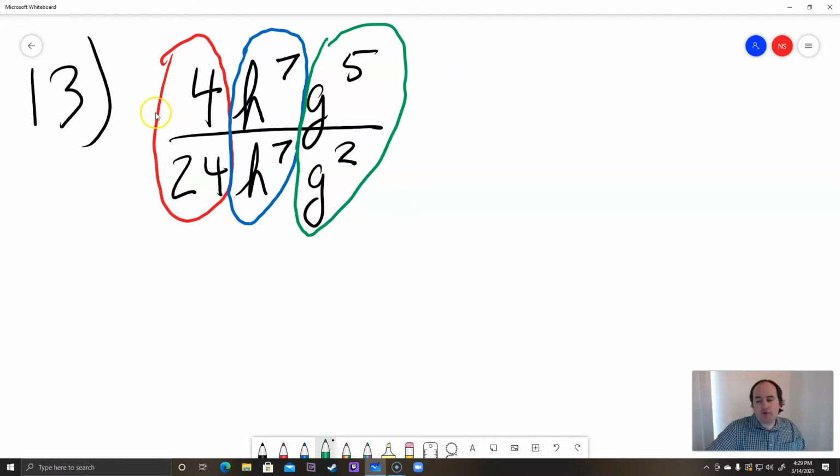So starting with the 4 over 24, to simplify this fraction, we need to find a common factor of both 4 and 24. Remember that 4 times 6 is actually 24. So the biggest number that goes into both 4 and 24 is going to be 4. So we're going to divide the top and the bottom by 4.